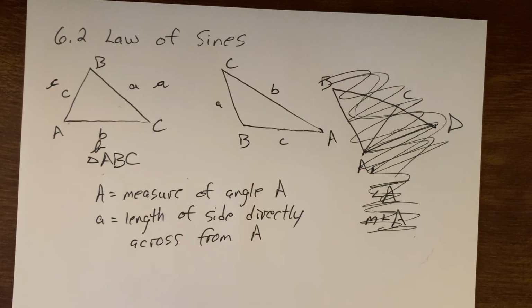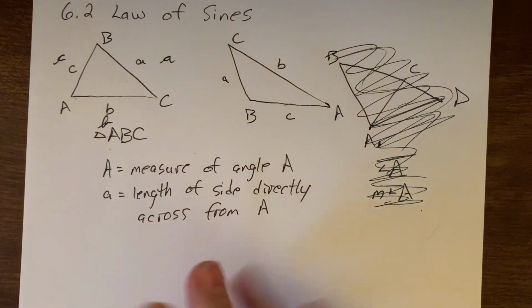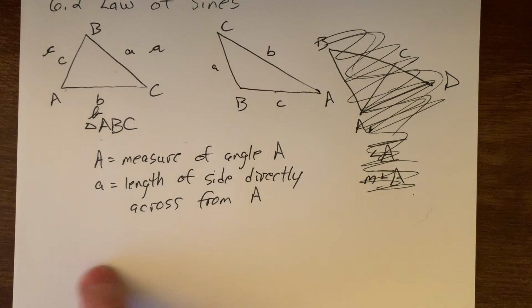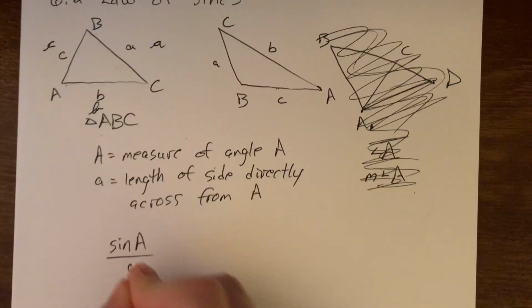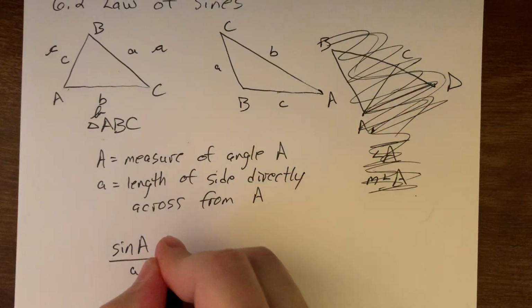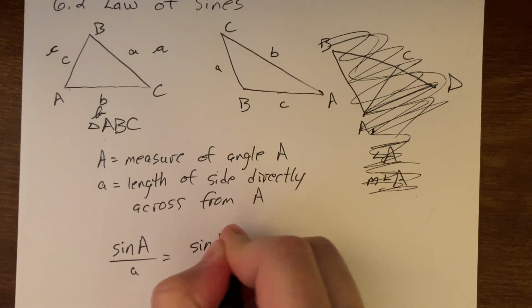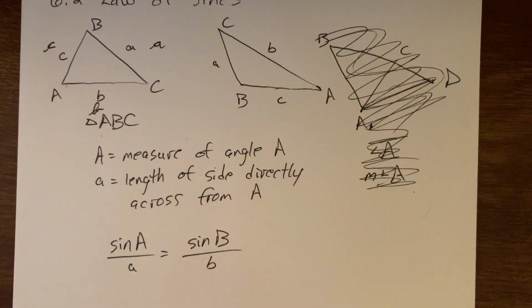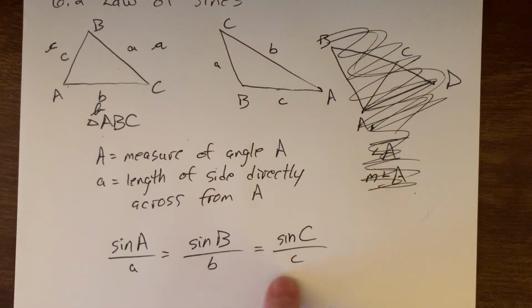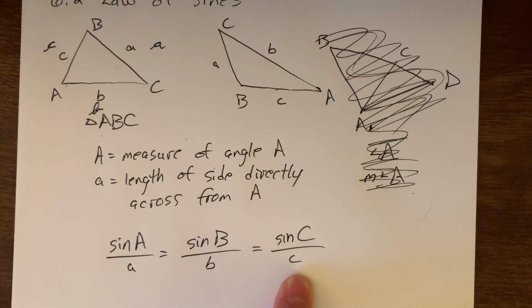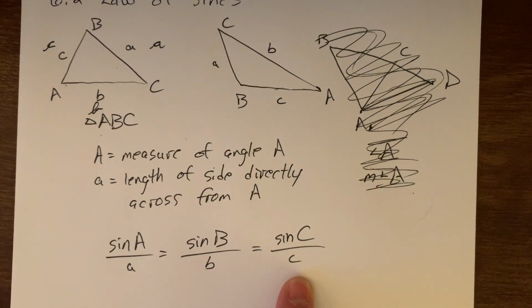Similar with law of sines. Most people remember law of sines as this formula that I'm about to write. I have sine of angle A over side A is equal to sine of angle B over the length of side B is equal to sine of angle C all over side C. And that's what most people remember.